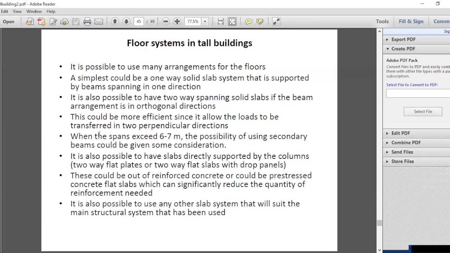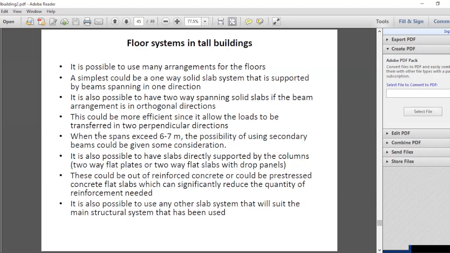Otherwise, if the foundations are too close, they will overlap each other. So to prevent that, generally we go for spans like 6 to 7 meters as a minimum in tall buildings. But sometimes you can use 7.5 meters and even up to 9 meters.